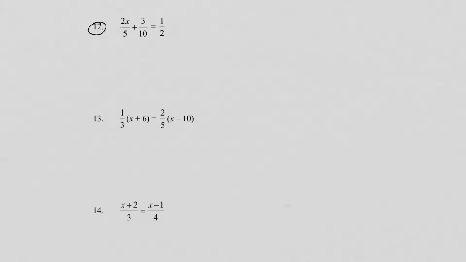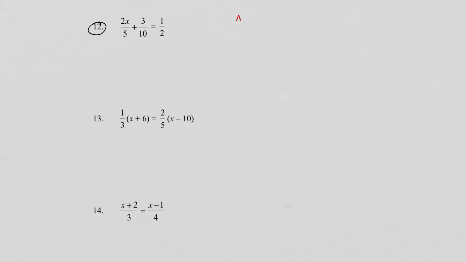one of the tools in your toolbox that I have listed there is to clear out the fractions, or basically the denominators, by multiplying all the terms by the LCM, the least common multiple. Okay, so that's what we're going to do here.